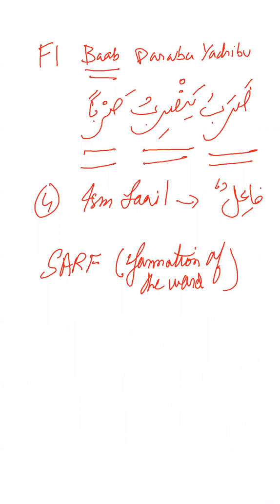From the Aslama family, we have ism fa'il, Muslimun.